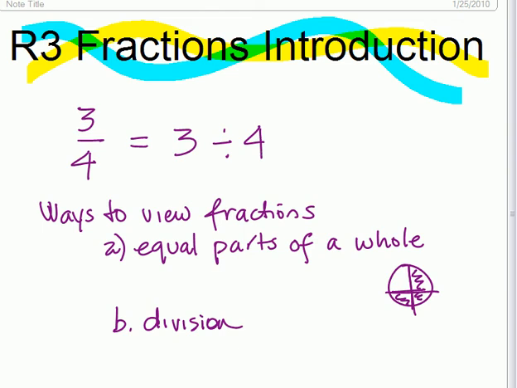This is the only time in mathematics where the problem, 3 divided by 4, equals the answer, 3/4. Cool.